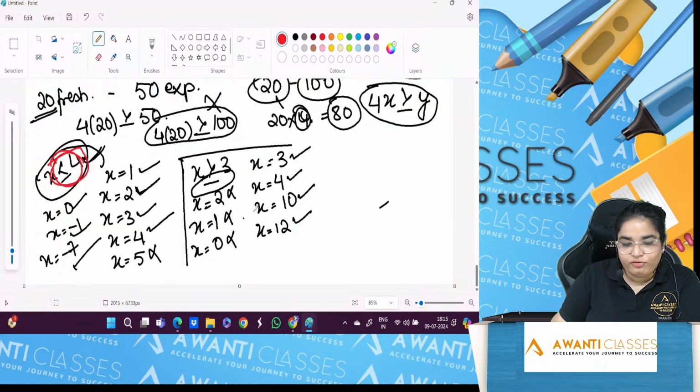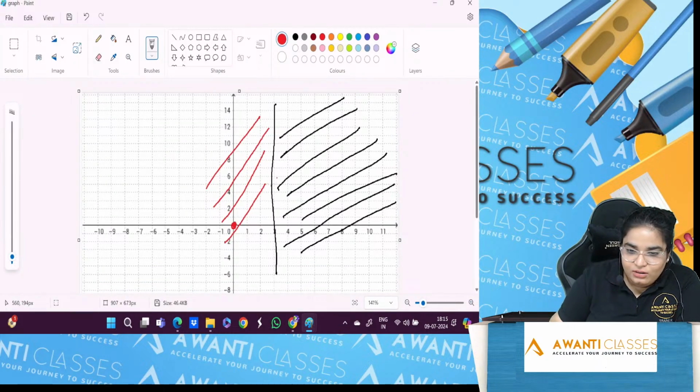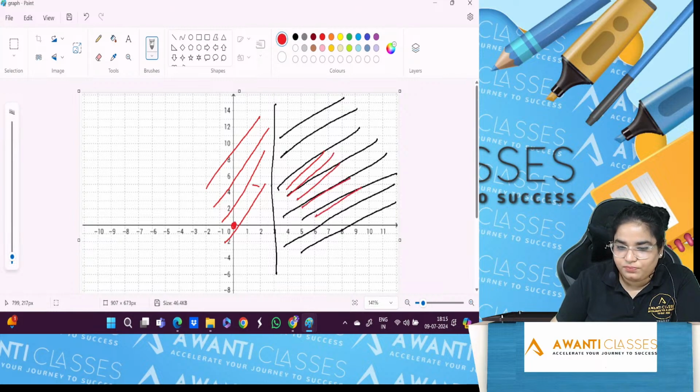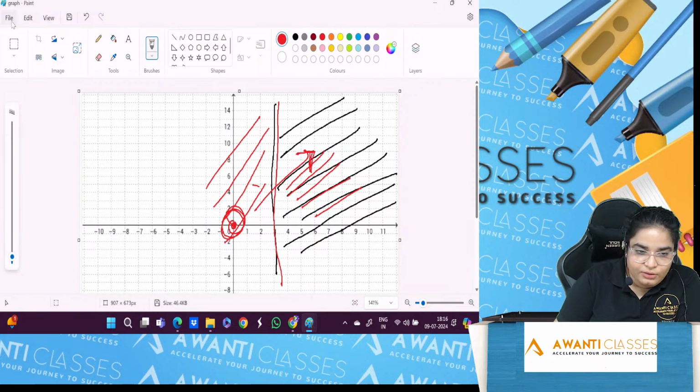And if there is a greater than sign, then you will shade mostly away from the origin. So if it is less than, towards the origin. If it is greater than, then away from the origin. Okay? Can you understand this?